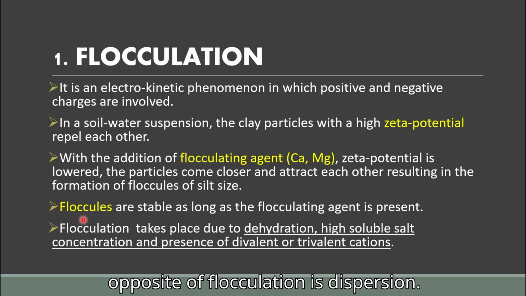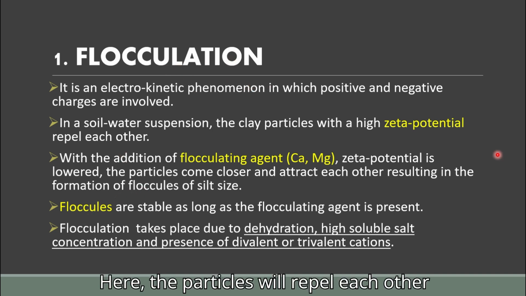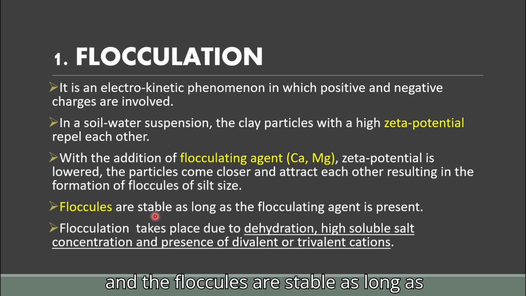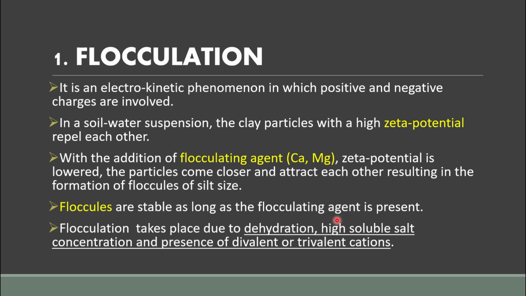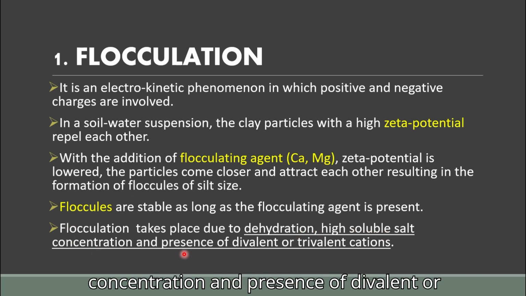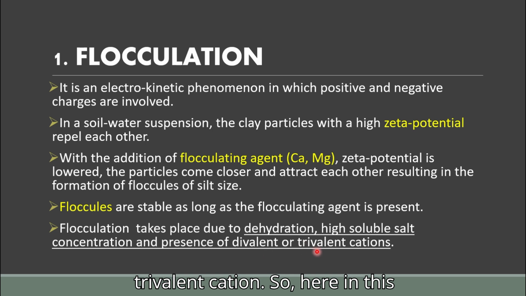The opposite of flocculation is dispersion. Here, the particles repel each other, and the flocules are stable as long as the flocculating agent is present. It also takes place due to dehydration, high soluble salt concentration, and presence of divalent or trivalent cations.